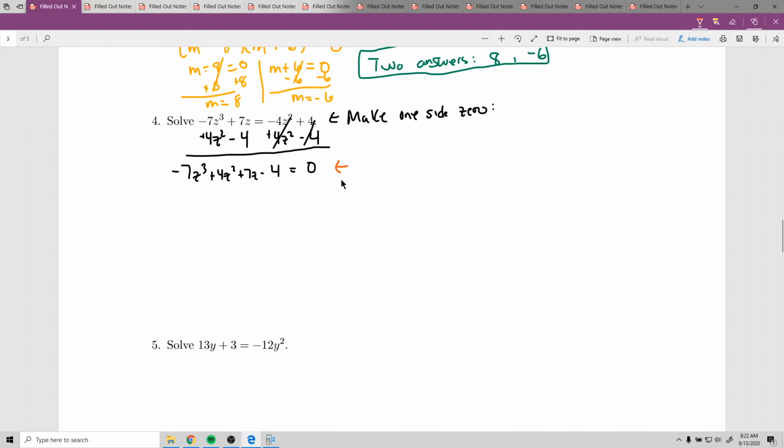And this one, we have nothing in common for all the factors because there's not a z in every term. We have no numbers in common, but it has 4 terms instead of 3. This is the thing we should have learned: this is when you factor by grouping.